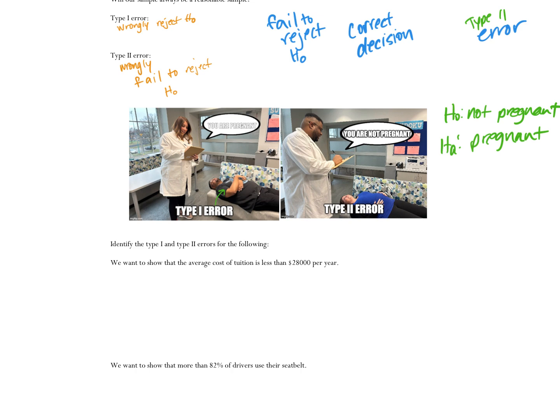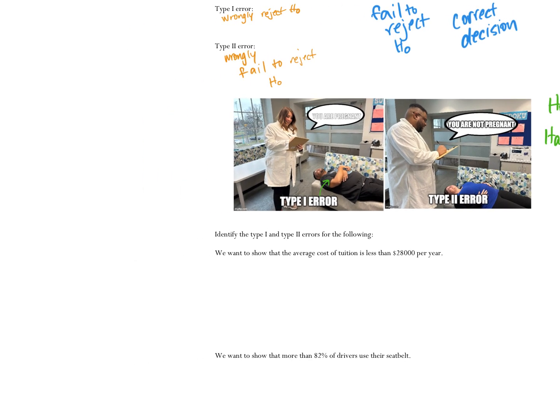One last analogy. In the United States justice system, our null hypothesis is innocent, and our alternative hypothesis is guilty. Okay? And notice that there are four different outcomes of a trial. We let an innocent person go to jail.